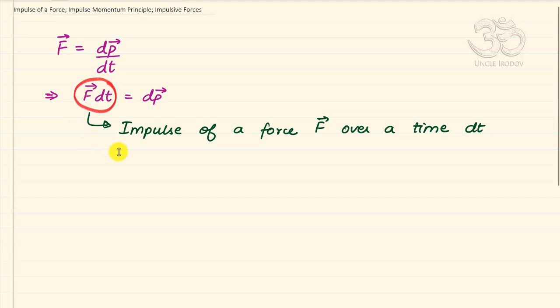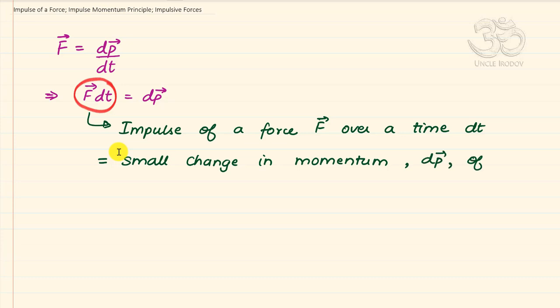And this is equal to the small change in momentum dp of the object on which F acts over a time dt.